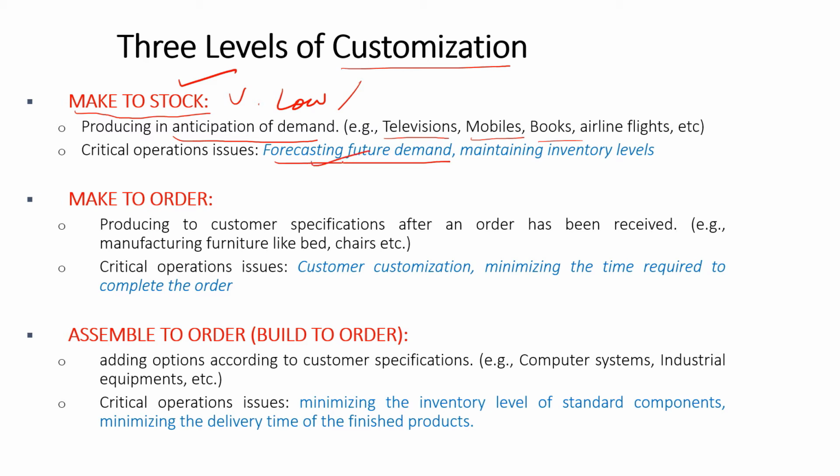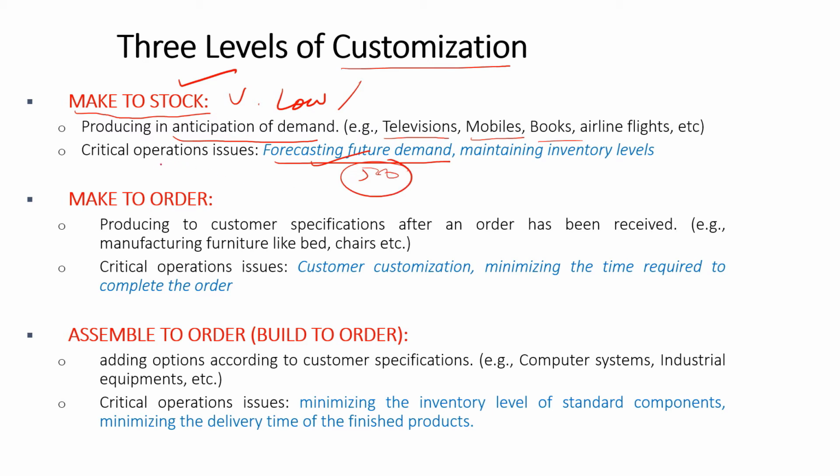So that means we would lose the customer. Okay, but if we predict the demand to be more than the actual demand, like as I told you earlier, if the actual demand is 1500 and we have produced 2000 units, then that 500 will be in our inventory. So we have to maintain the inventory.